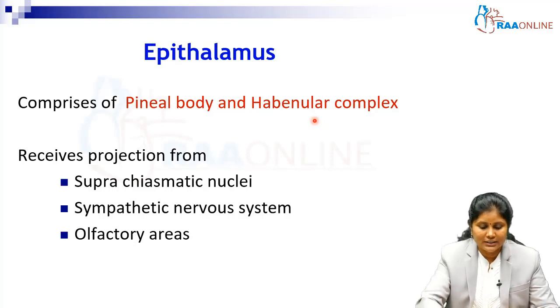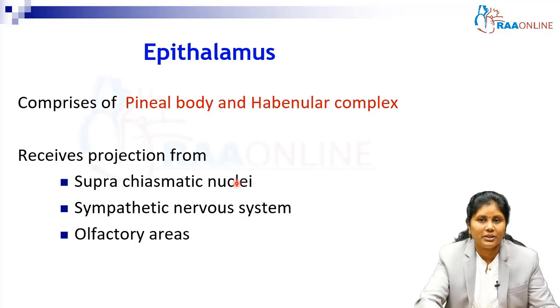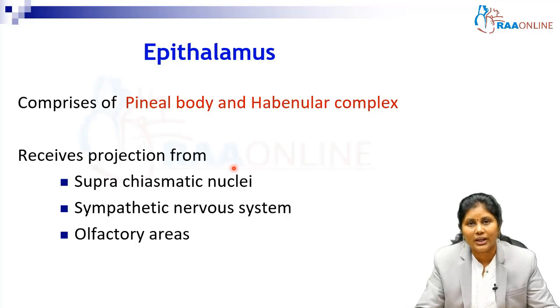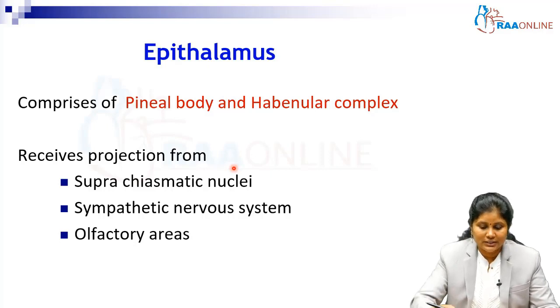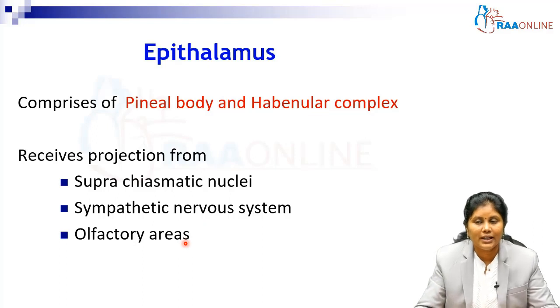In relation to that suprachiasmatic nucleus, the thalamus is also involved in that function. Then the sympathetic nervous system and olfactory areas. This habenular complex is related to the olfactory areas. In that way, the thalamus is related to olfactory areas also. So these are the different epithalamic structures and the projections received in those structures.